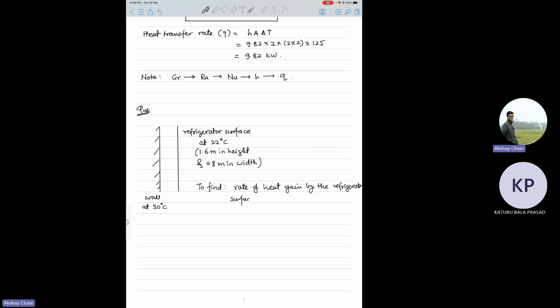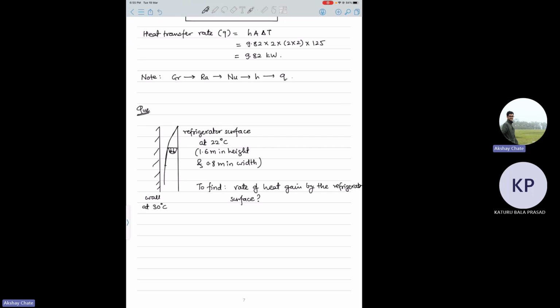So this is the case where your ambient is hot and your plate is cold. So there will be a boundary layer which will be something like this in this case. You get my point, right? In the other case, it was starting from the bottom and going up. Here it will be something like this. So you'll have some velocity inside like this.